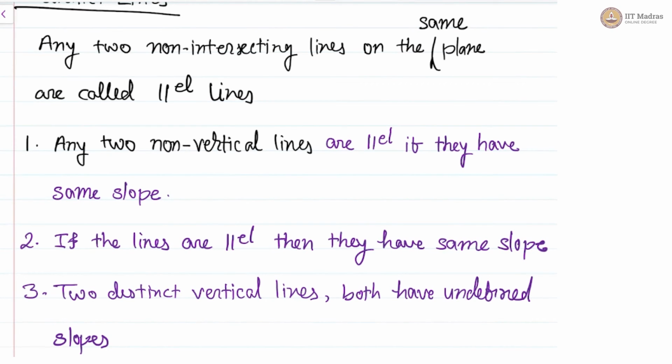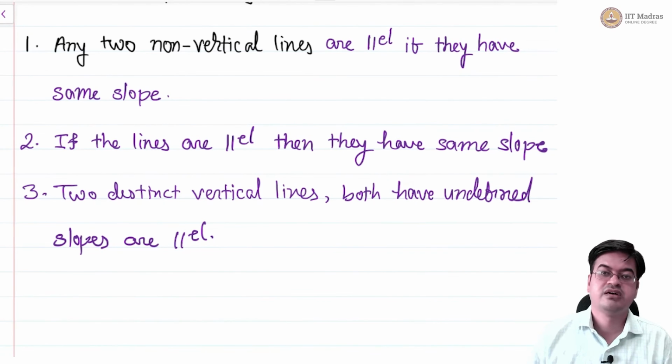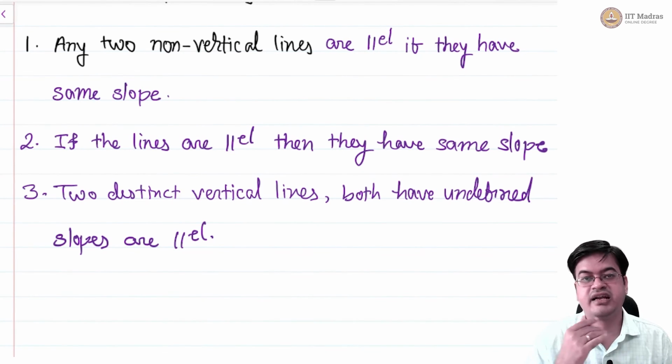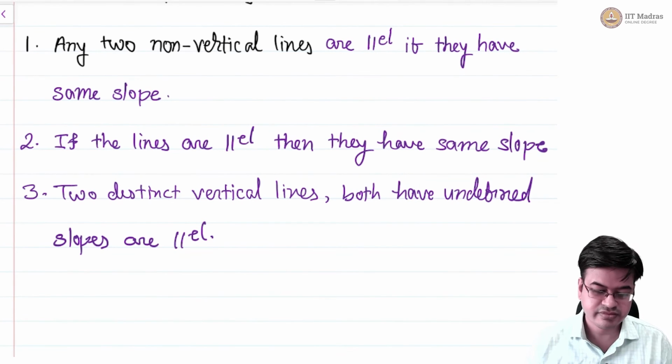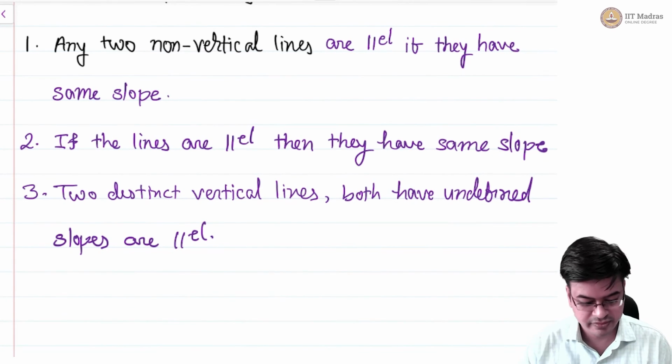But can they intersect? Because they are vertical lines, they cannot intersect, therefore they are parallel. So in particular, for parallel lines, whether the slope is defined or not, they are equal. If the slope is undefined, the undefinedness is the same. If the slope is well defined, then they must be equal, right?